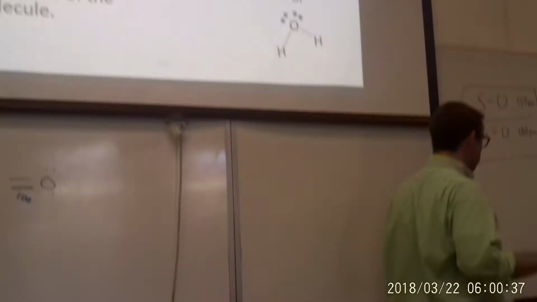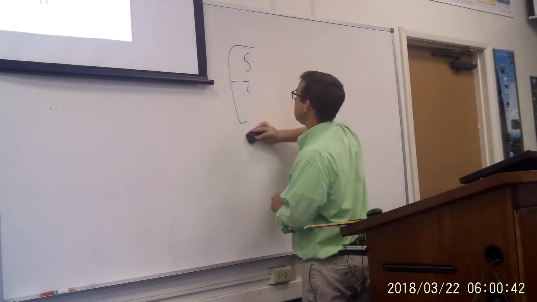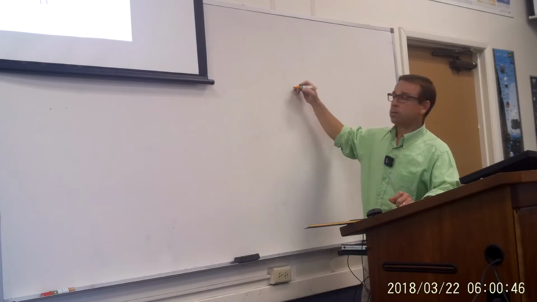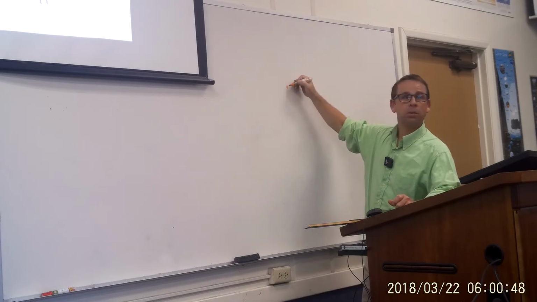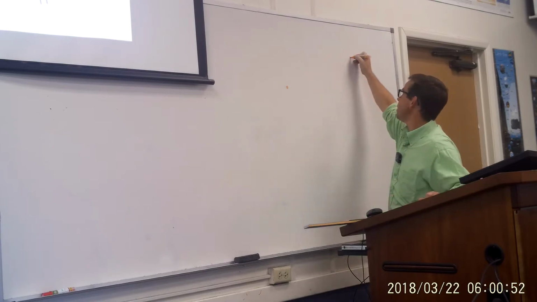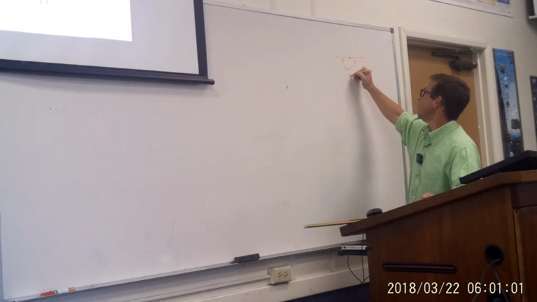If there's 4 regions around a central atom, what will the resulting shape be? Not quite. Central atom, 4 regions. Let's go back to the easy ones maybe. 2 regions, what do you call that? Linear. And what is the angle here? 180.